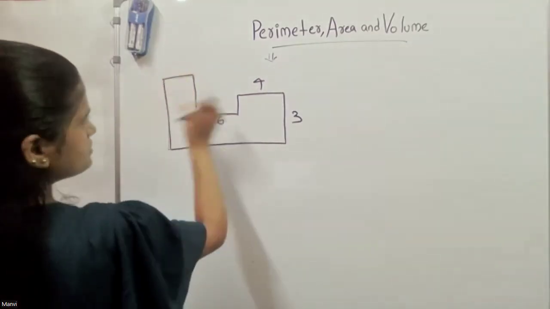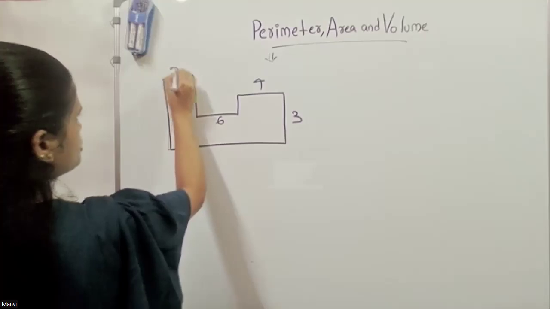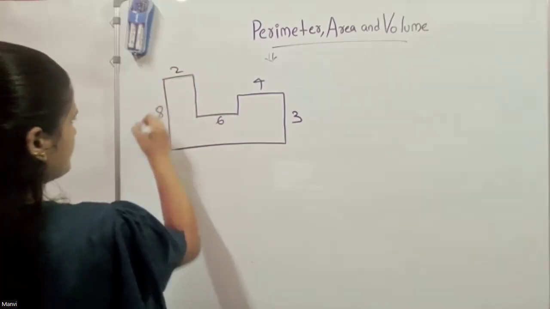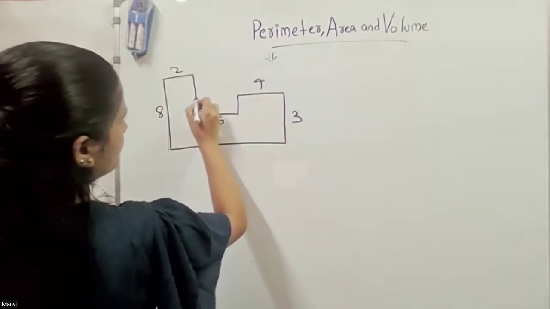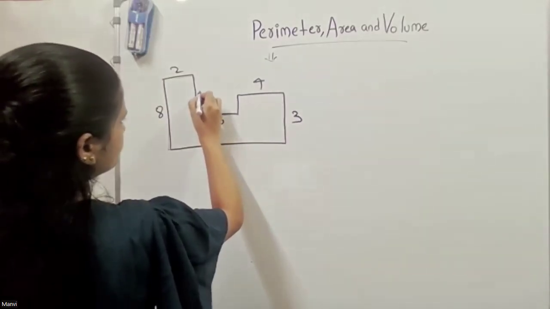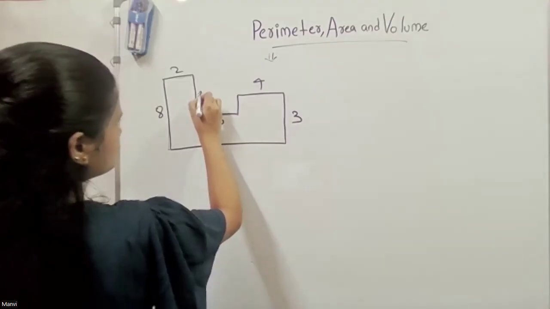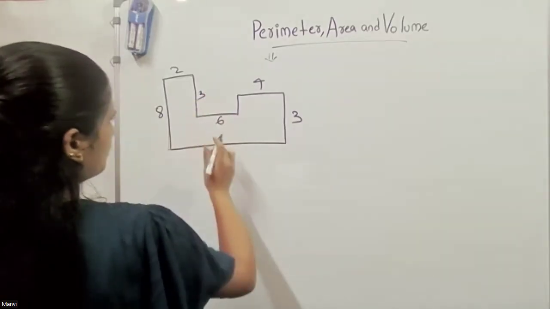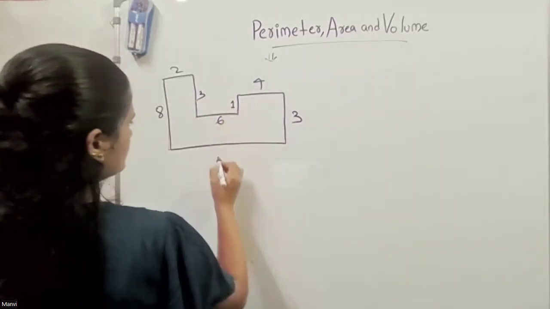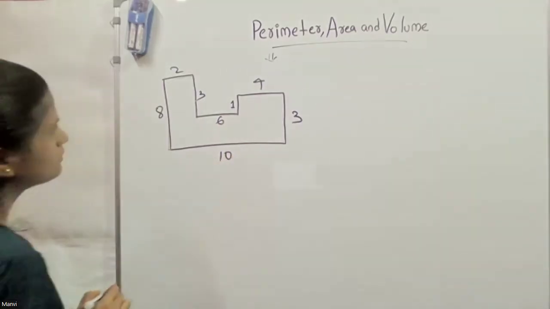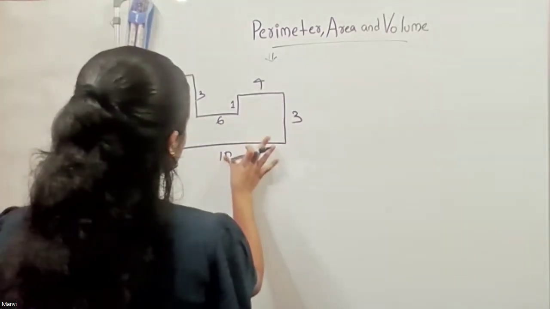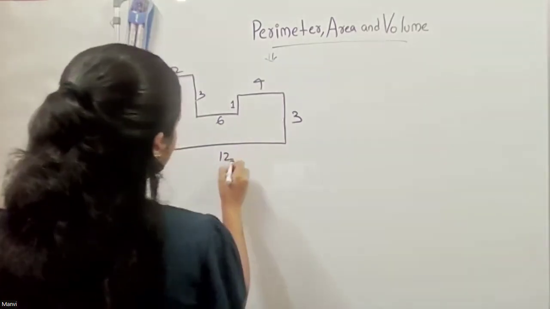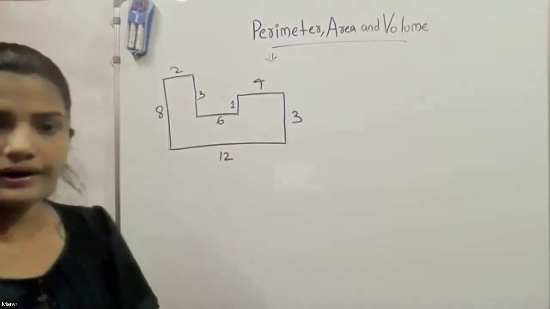We can write this is 4, so this is 2, or this is 8. This one is 3, or that one is 1. This one is 10. That one is 12. Okay?